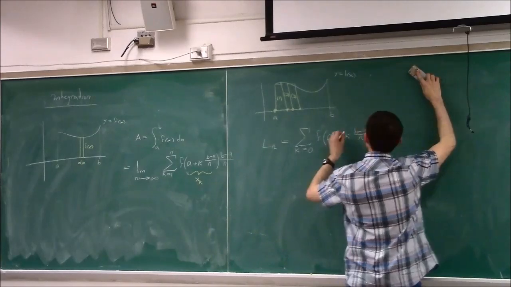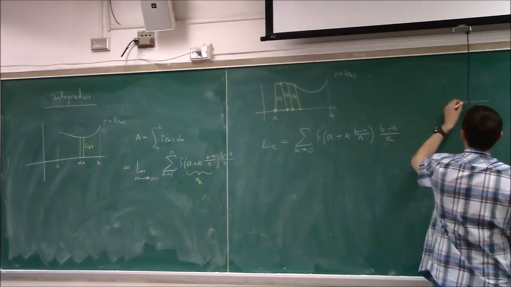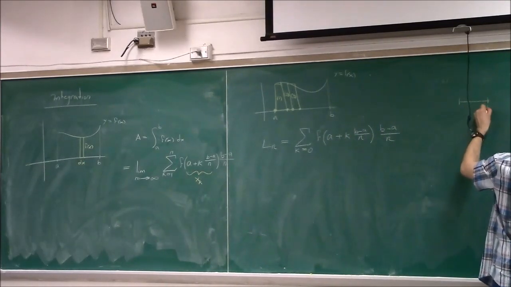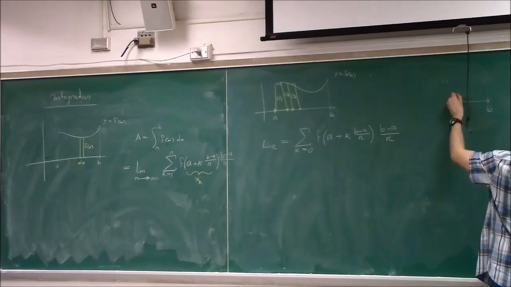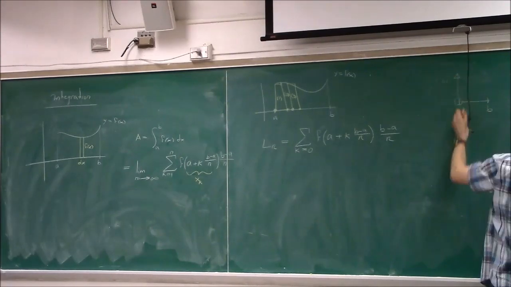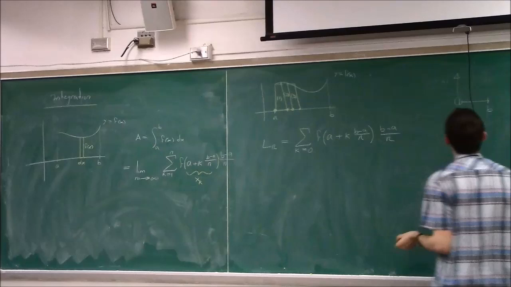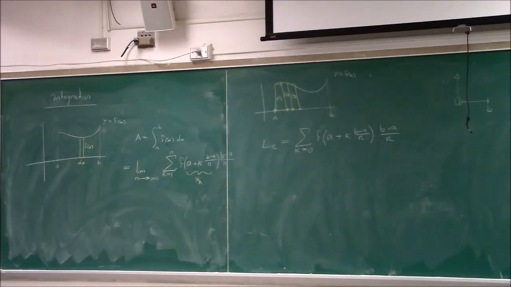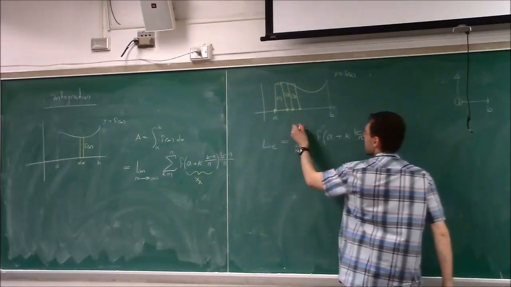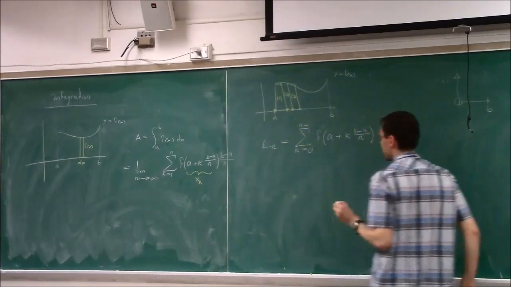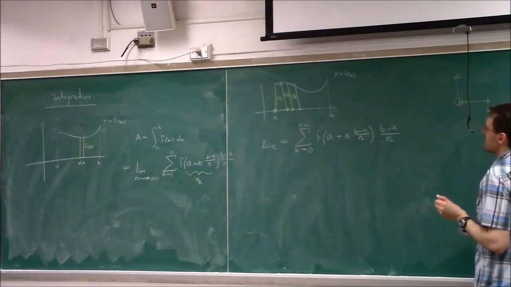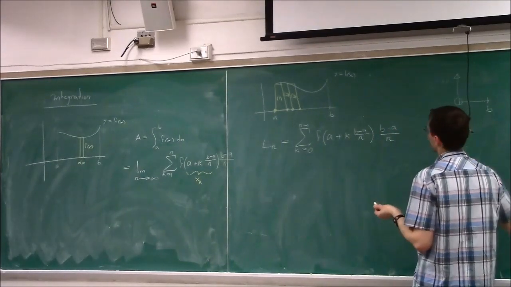Think about it. Here is the last segment. Here is b. We are going to pick this point. So what should k go to? n minus 1. Okay? So that would be the left-hand approximation.